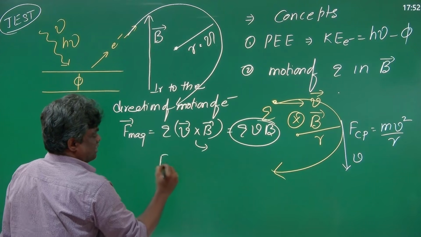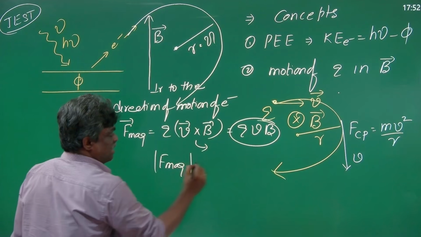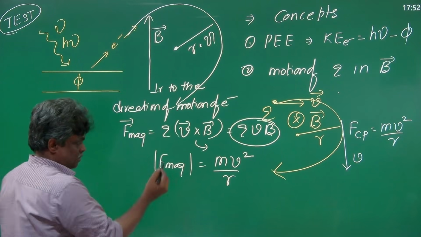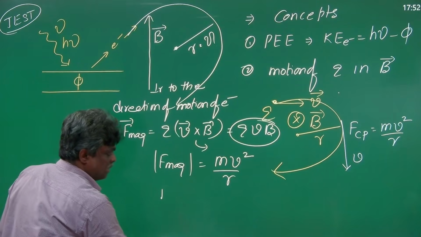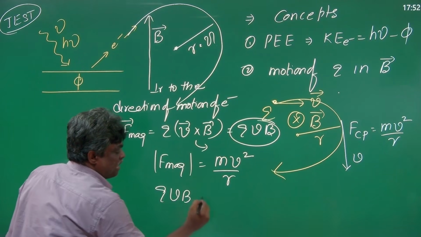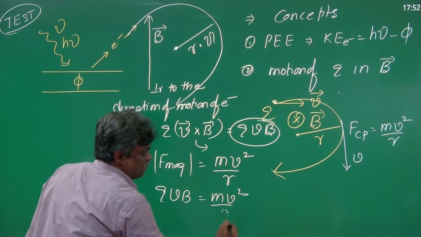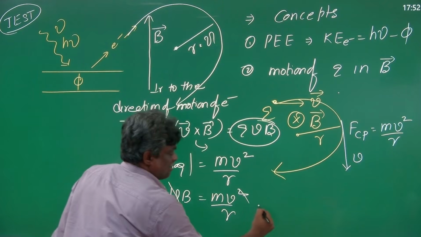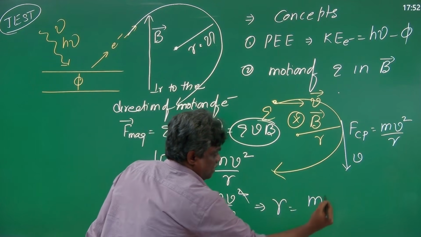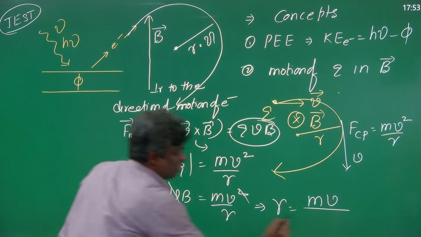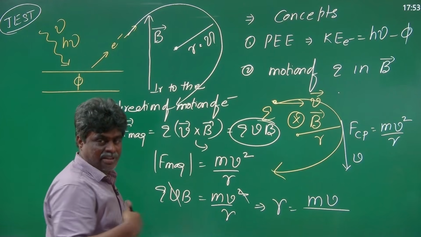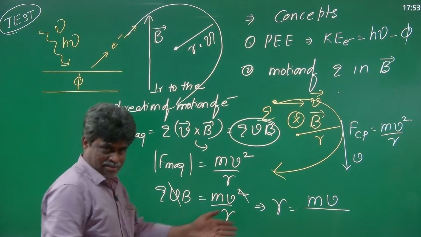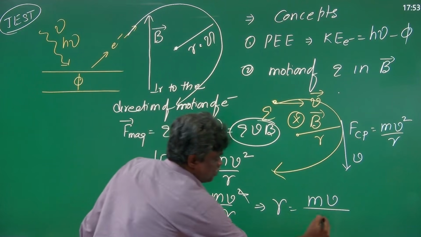That's why the magnetic force equals the centripetal force. So finally, Q v B equals m v square by r. Radius equals m v by q B.